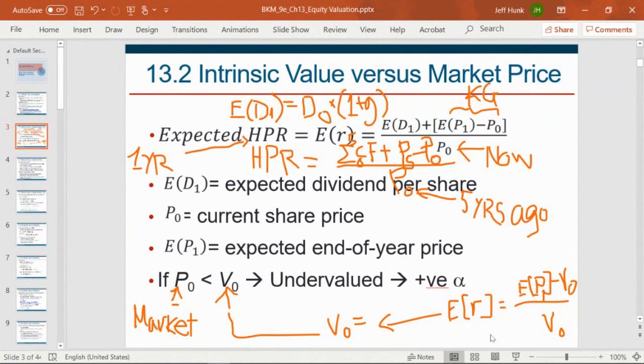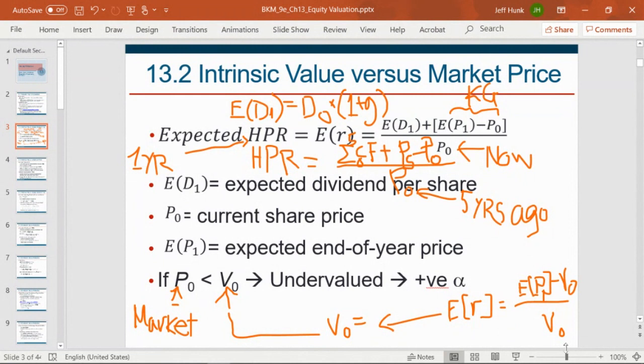But all those, what are those models? There's 1, constant dividend model or zero growth model, and 2, constant growth model or Gordon growth model, constant dividend growth, right? 3, variable growth model, and 4, free cash flow model, right?